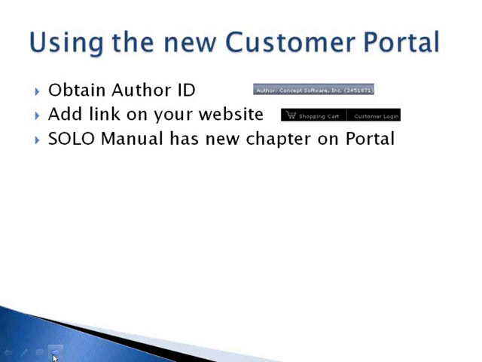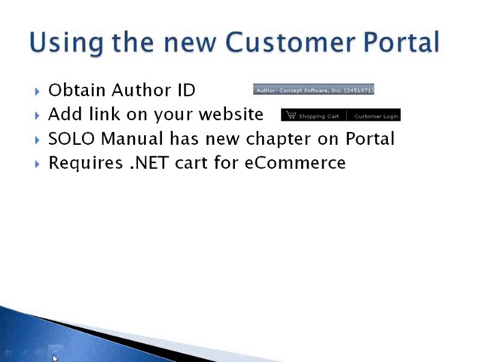The Solo manual has a new chapter on configuring and using the customer self-service portal. One thing to note is that the integrated e-commerce features of the portal are designed to use the .NET version of the Solo shopping cart. If you have had your Solo account activated for earlier than a couple years ago, you can look at the links in your Buy Now to see if they end in .aspx.